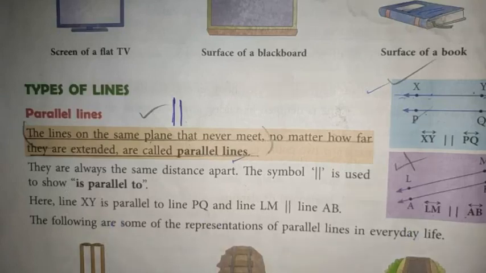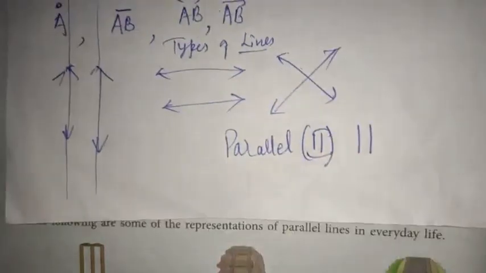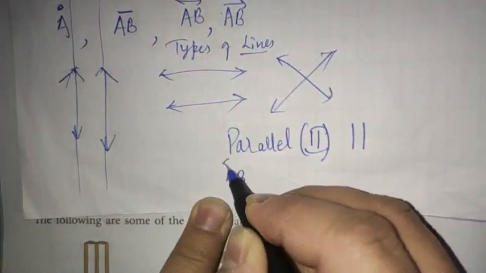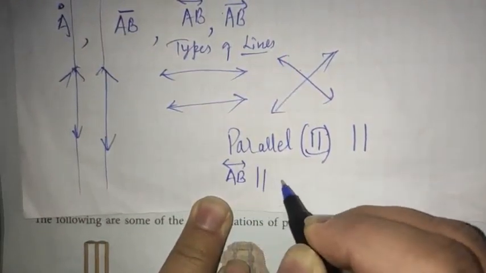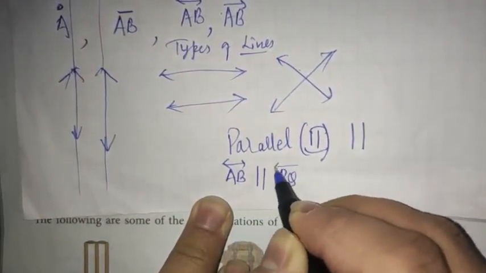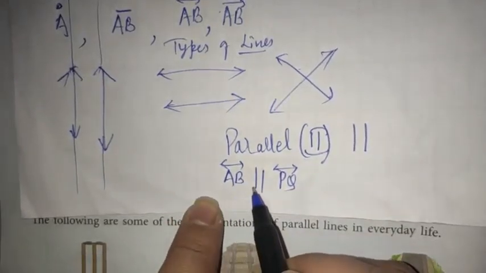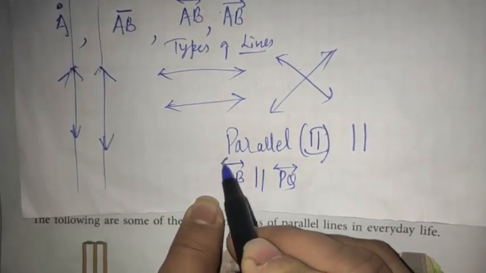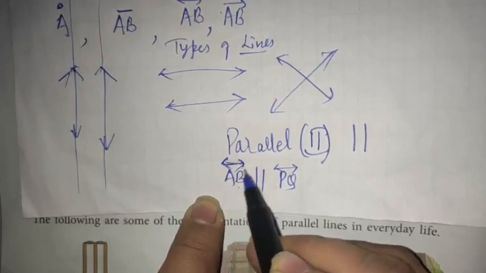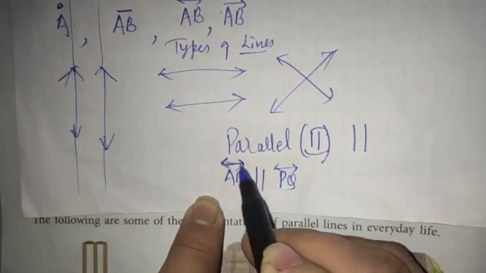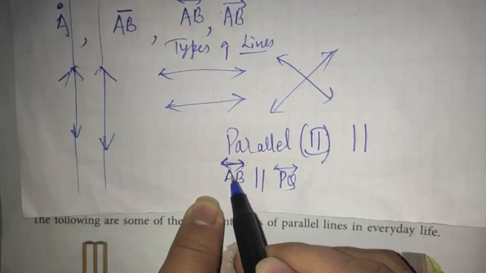And how do we pronounce it when somebody writes AB parallel to PQ? We will pronounce it as AB line. This arrow on both sides is denoting a line.